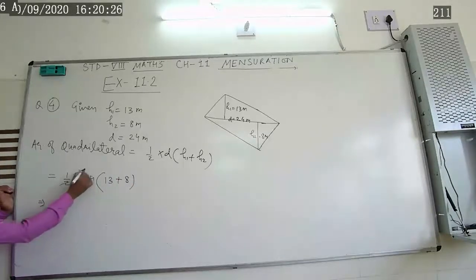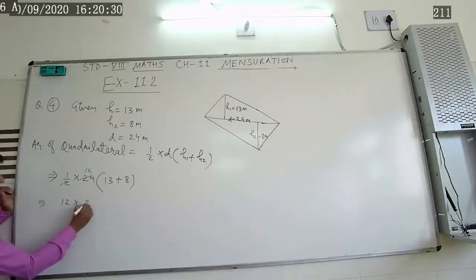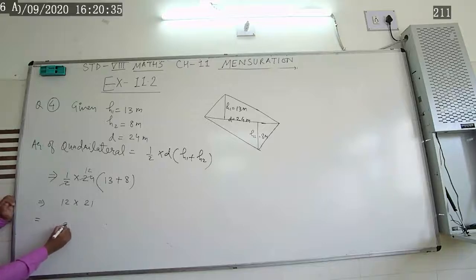That will give me 12 into 21, will be equal to 252 meter square. So very simple one. You can go through this one and easily find the solution. Clear everybody? This is question number 4. Question 5.